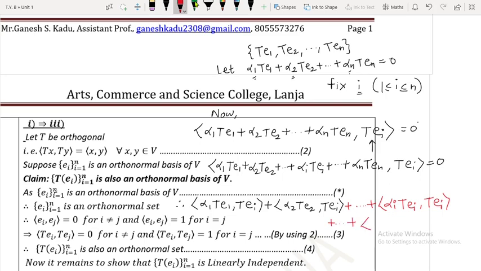Next term will be inner product of alpha n T of en with T of ei, okay, is equal to 0.